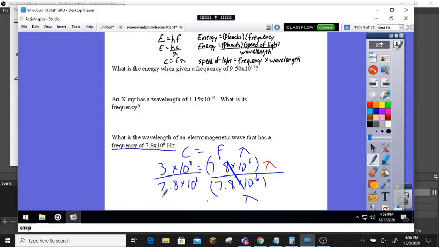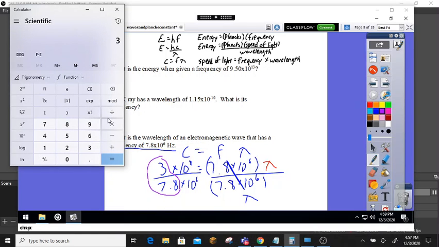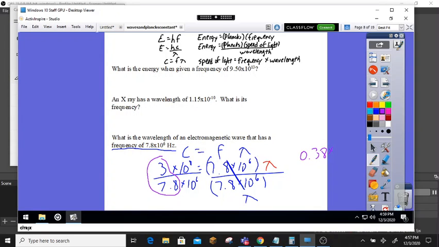So we are left with 3 times 10 to the 8 divided by 7.8 times 10 to the 6. Let's do that: 3 divided by 7.8 is 0.38. I'm going to put the answer over here, 0.38. The exponents, we are subtracting 8 minus 6. There you go.